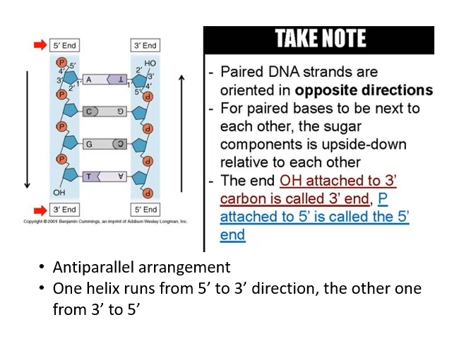Please take note that the two DNA strands are paired in opposite directions. For paired bases to be next to each other, the sugar components are upside down relative to each other. The end with the hydroxyl attached to the 3 carbon is called the 3' end, whereas the phosphate attached to the 5 carbon is called the 5' end.